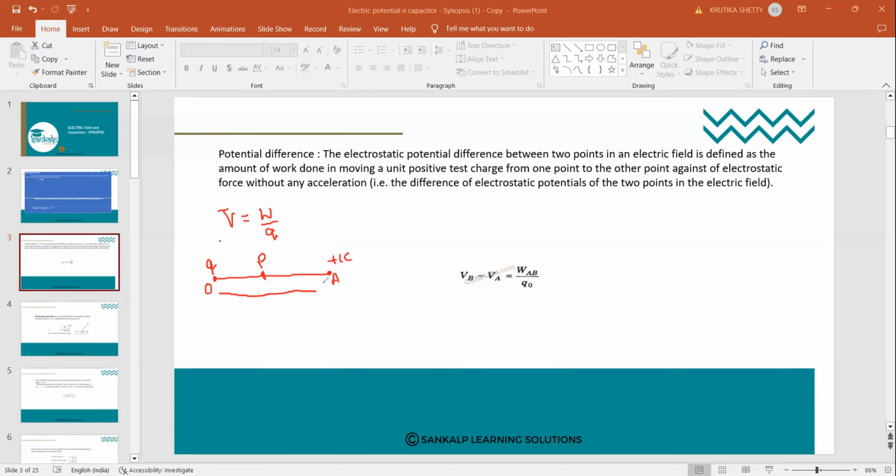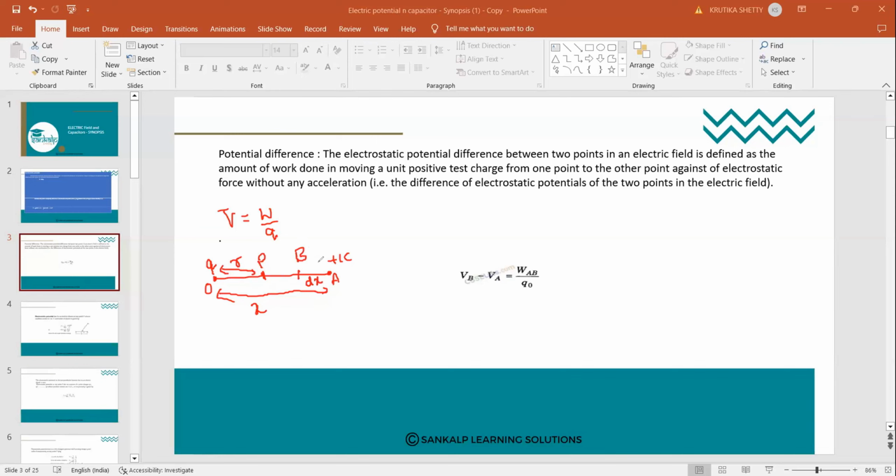The 1 coulomb charge from the point O is at a distance of x. I want to bring this 1 coulomb charge to the distance of r. Directly I cannot bring it from A to P. So first we need to bring it to a small distance, that is, to the point B at a distance of dx.